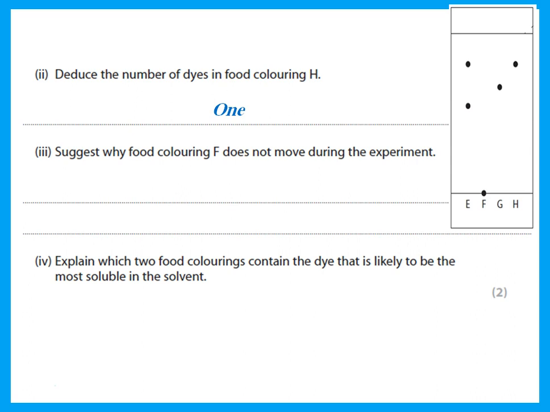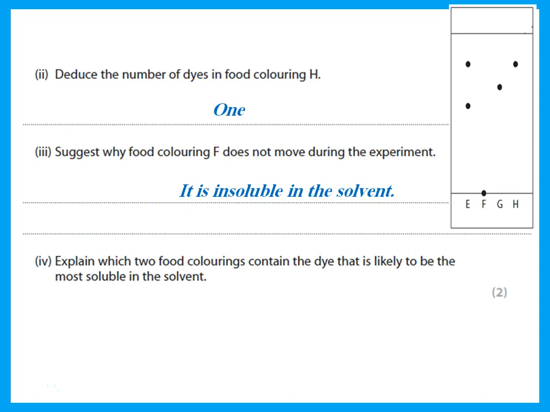Suggest why food coloring F does not move up. We said the one that does not move up is insoluble in the solvent. Remember, the components are separated in chromatography based on their solubility in the solvent. So the one that is more soluble will go up further. The one that is not soluble will remain on the baseline.